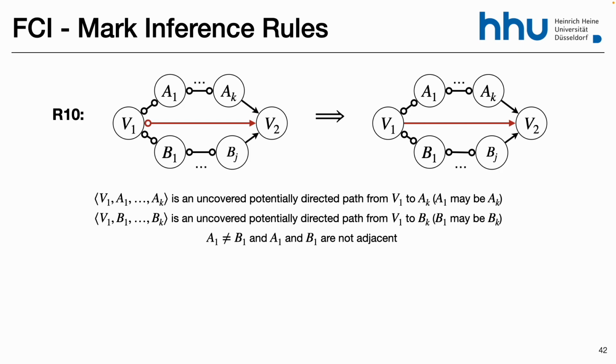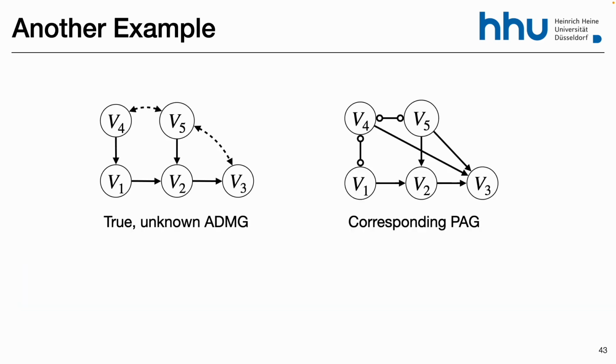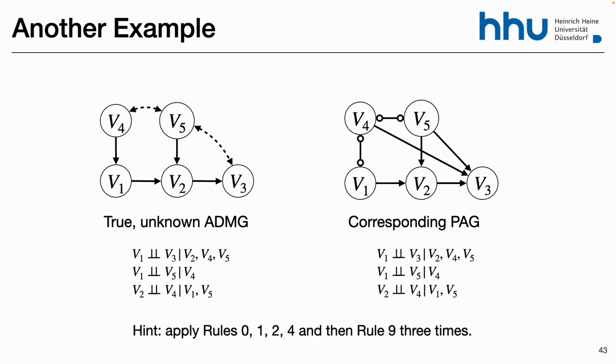If you run the algorithm, all of them are implemented there, basically looking for patterns and applying the rule. There's nothing crazy. They are all here. That is also this example, just for me to say that I use rule 9. You can do it at home. Basically, it's going to apply rules 0, 1, 2, 4, and then rule 9. So sometimes the other rules are necessary. This is one example where you use it. Those are the independencies implied by the ADMG and the PAG. They are the same.